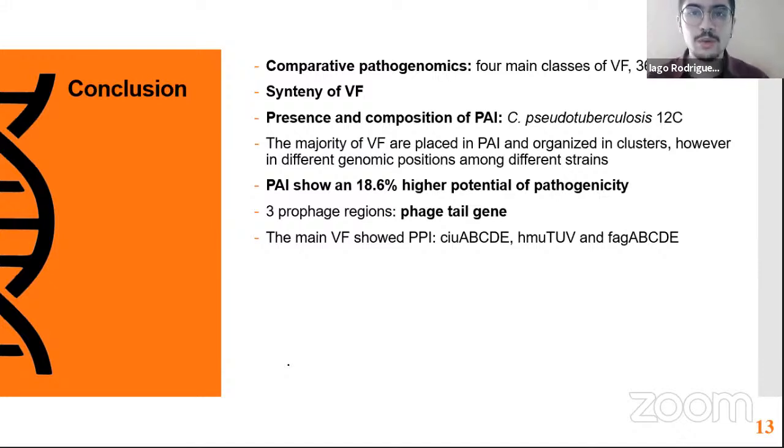Besides that, we showed the synteny of virulence factors, genomic islands, and the presence and composition of PAIs in the genome of Corynebacterium pseudotuberculosis 12C. So we observed that most of the virulence factors are found in these specific regions and organized in different gene clusters, which are described and known in the literature.